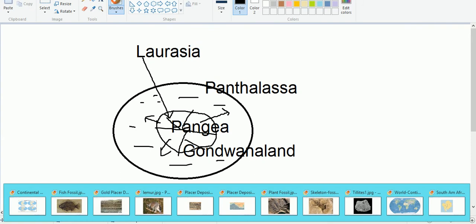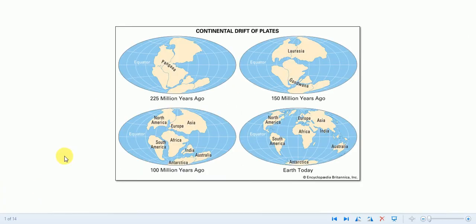Let me show you one diagram. This was Pangaea, and all the continents were joined together 225 million years ago. Then in due course of time, Pangaea broke into Laurasia and Gondwana land, and again by 150 million years ago, then 100 million years ago, Gondwana land and Laurasia broke into smaller pieces, moving in different directions to form the different continents.